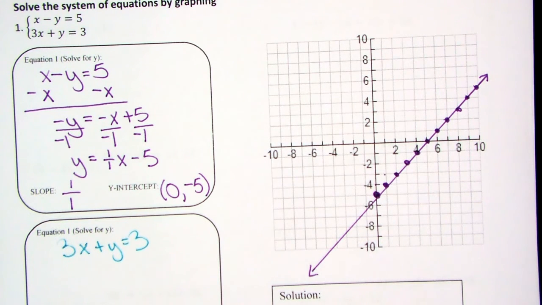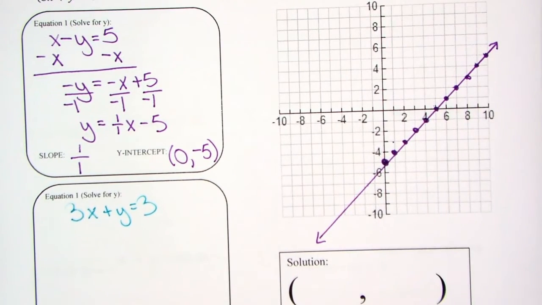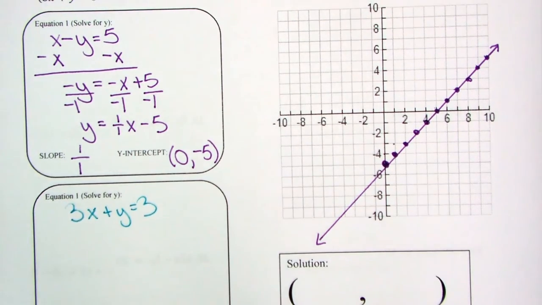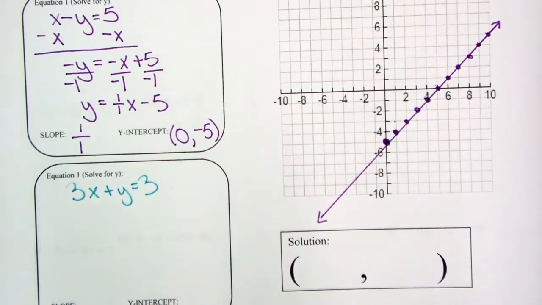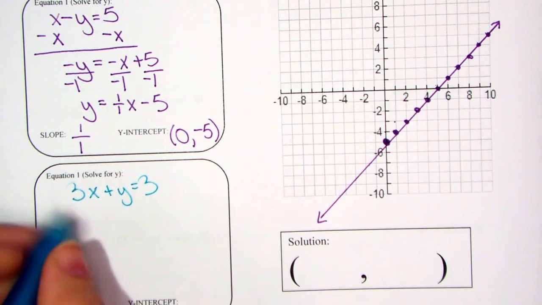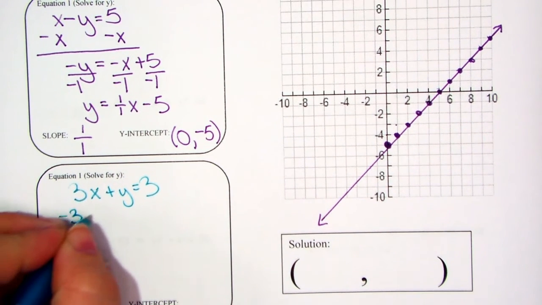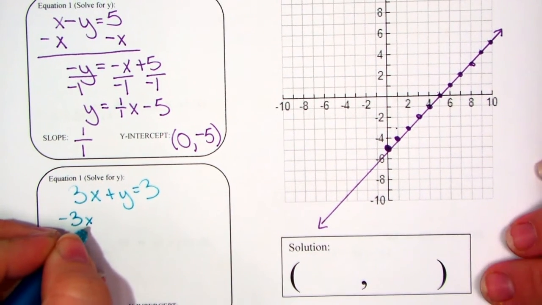Time for the next one. I need to get y by itself, so I'm going to subtract 3x from both sides.